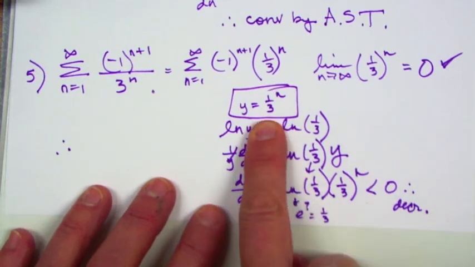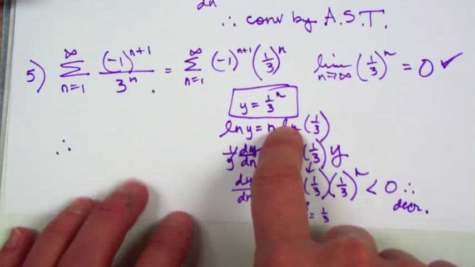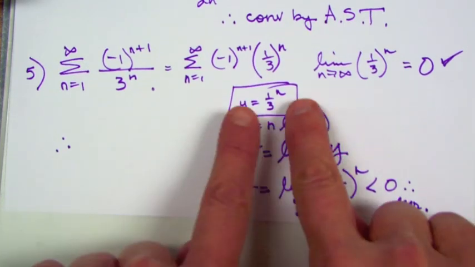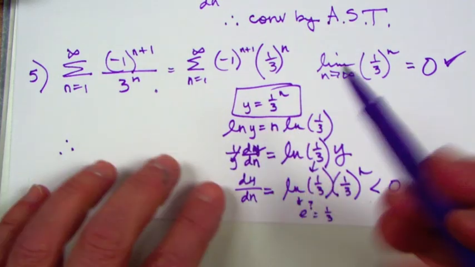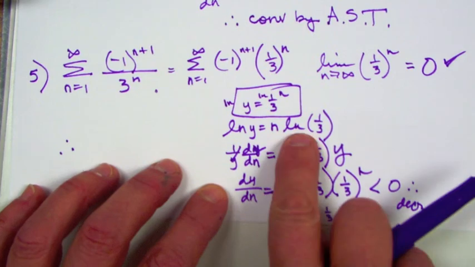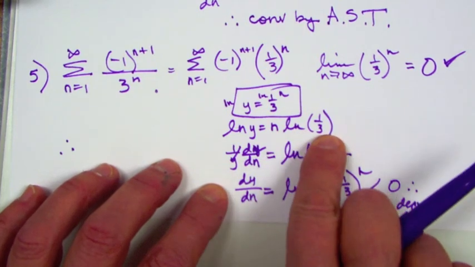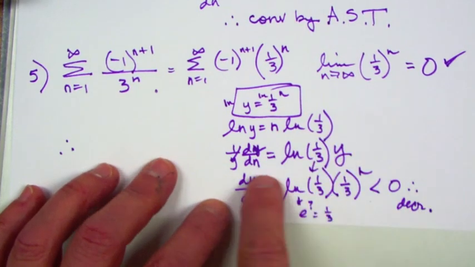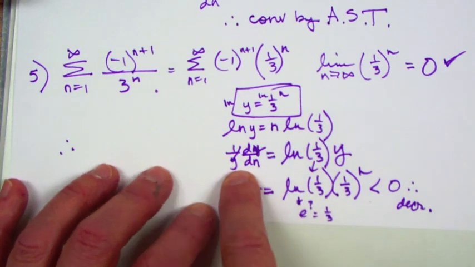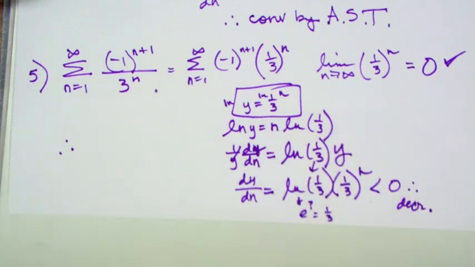Okay, so then when I did the ln, I had to take the natural log of both sides so that I could bring the exponent down in front. So that's how I got the ln of 1/3. And then when I took the derivative of ln y, that was 1 over y. And when I moved it to the other side, I ended up multiplying by, instead of putting the y there, I put what y was really equal to. Okay, so therefore this series what? Converges by the alternating series test.